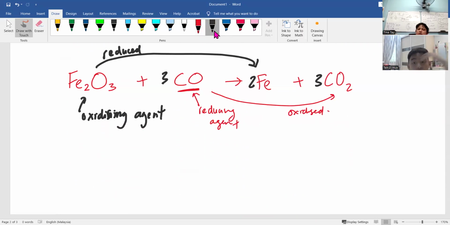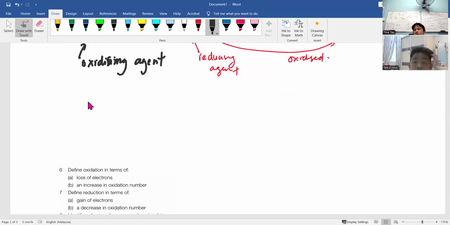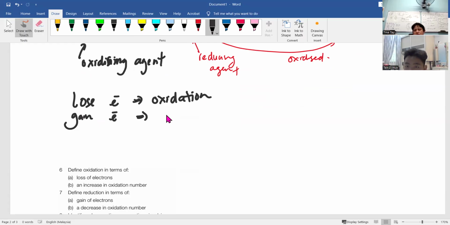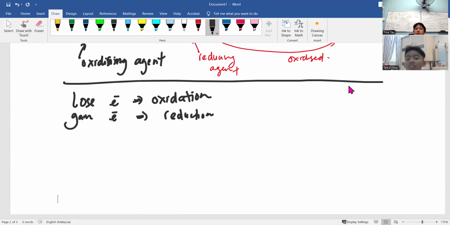So now we're going to talk about redox in terms of electron. Okay, so lose electron, oxidation, gain electron, reduction. Okay, I'm going to write a few equations. You tell me if they are oxidation, reduction, or redox. Okay.